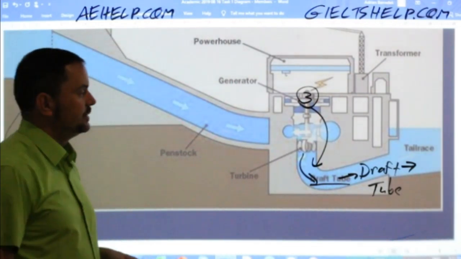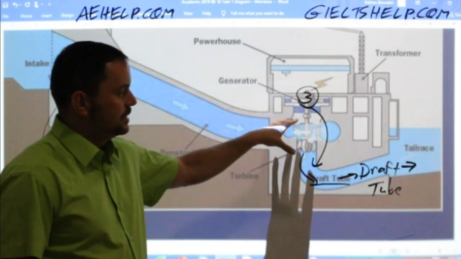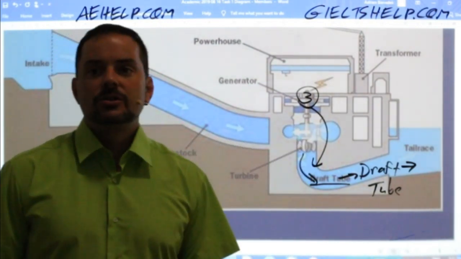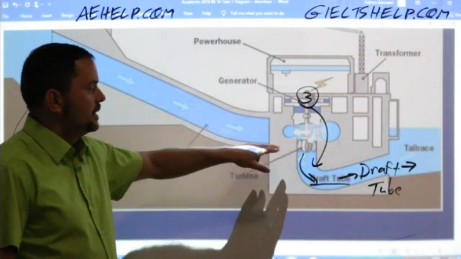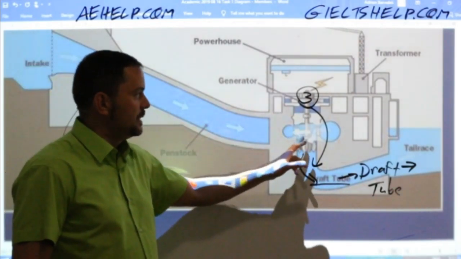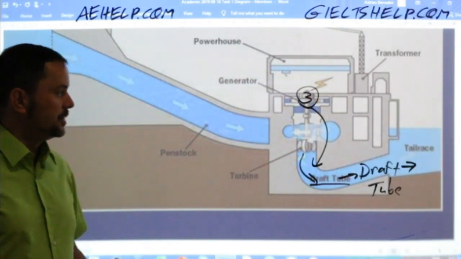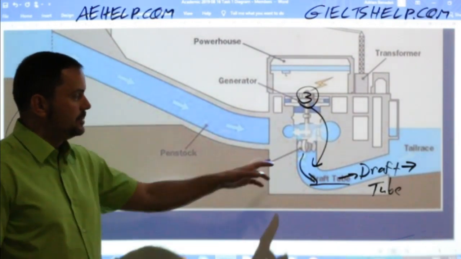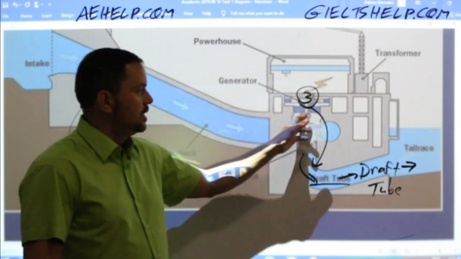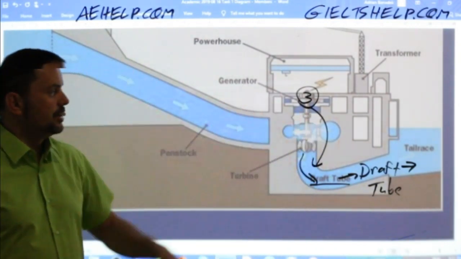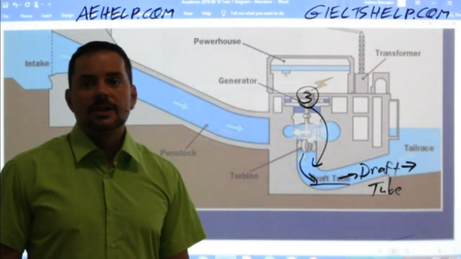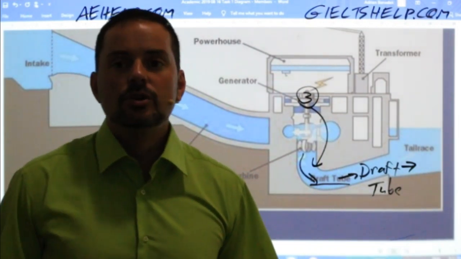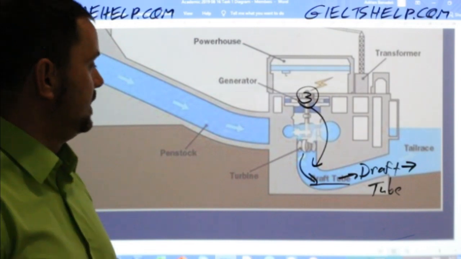Hint, hint, write a complex sentence to explain this step 3. As the turbine spins, Alexander did a good job of using the word momentum, the momentum of the turbine, charges the generator, right? So that's what, in fact, is used, that momentum, to create the electricity.